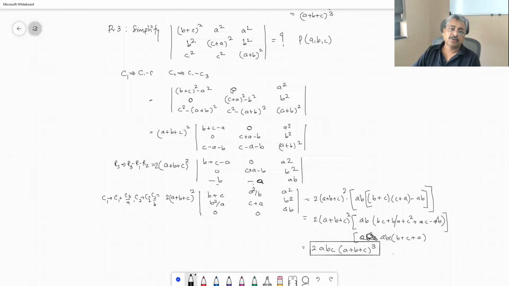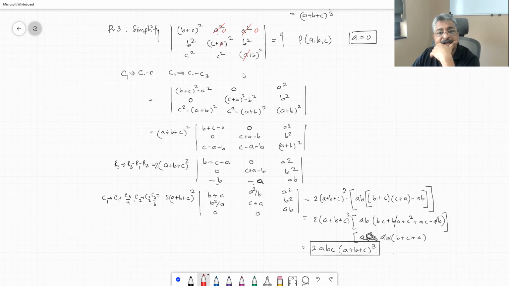Okay. So we can do some direct substitutions. Suppose we put a is equal to 0. Then what will we get? See, this entry will be 0, this entry will be c square, this entry will be 0, this entry will be b square.